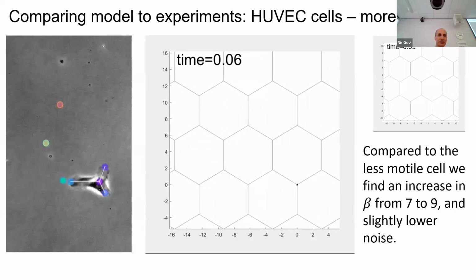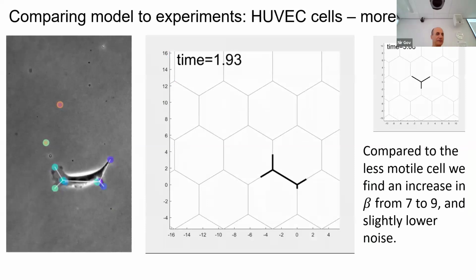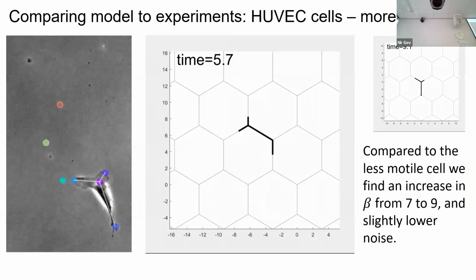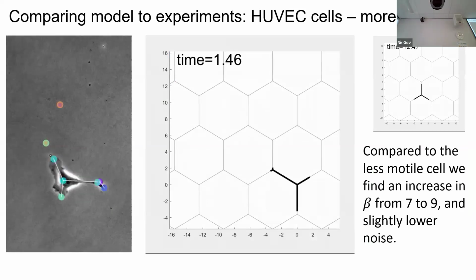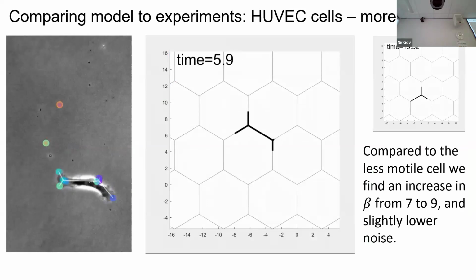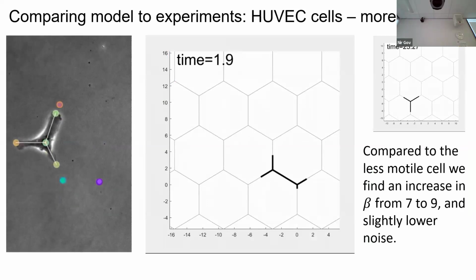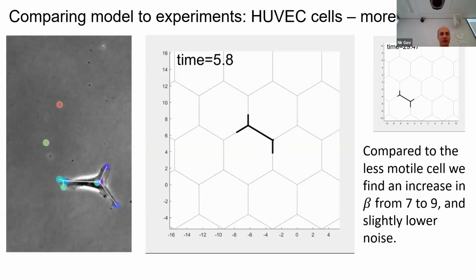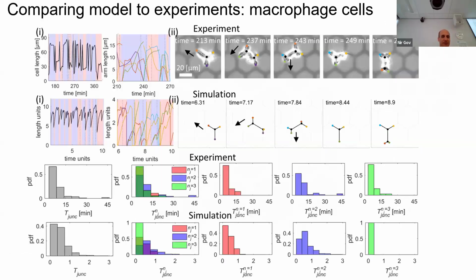This is just to show you that by comparing different cell types, we can say which cell corresponds to a higher or lower value of this parameter, or maybe we can even say that by this comparison, one cell type seems to be more noisy than the other. But again, it's not very quantitative, I would say, just qualitative.